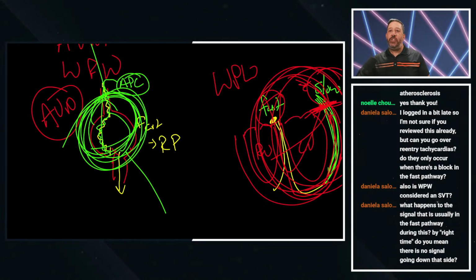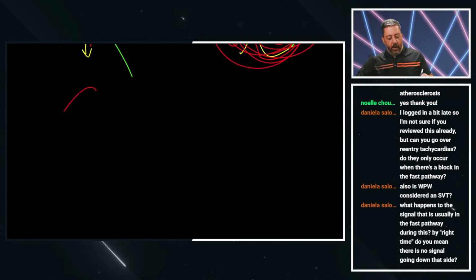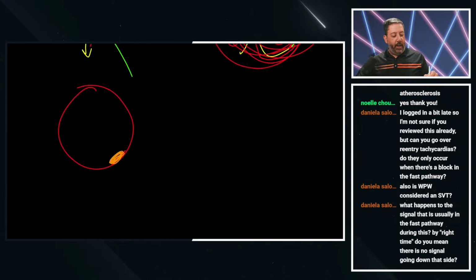My first job as a PA was in electrophysiology, which is dealing with all the heart rhythm problems, and the patient had this AVNRT, and my doctor said we're going to ablate the slow pathway. When you do that, here is your atria. We know that your AV node is down here.